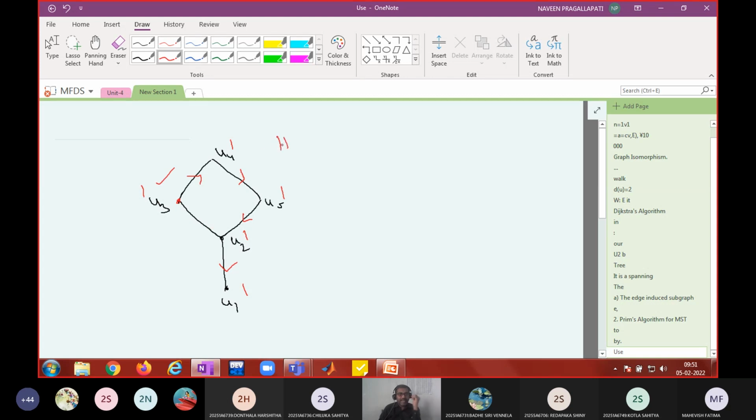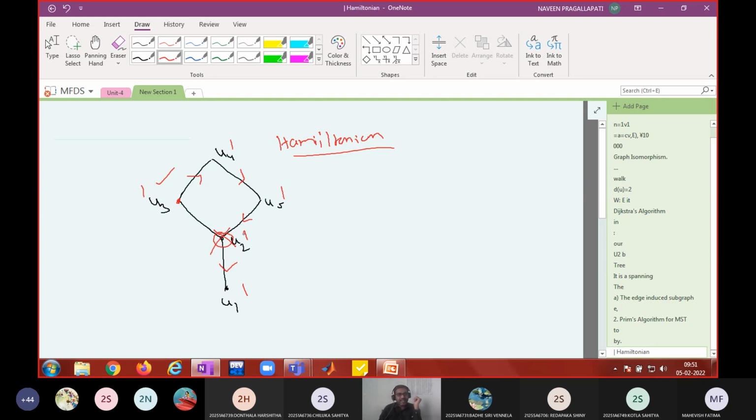If I want to call this Hamiltonian, there should exist a Hamiltonian cycle, a cycle in which vertices are not repeated, right? So if I'm coming back to this, that means the vertex is repeated. That means a cycle is not existing.